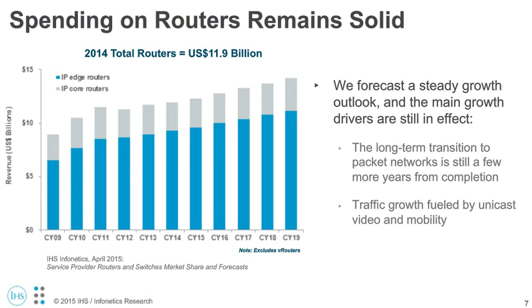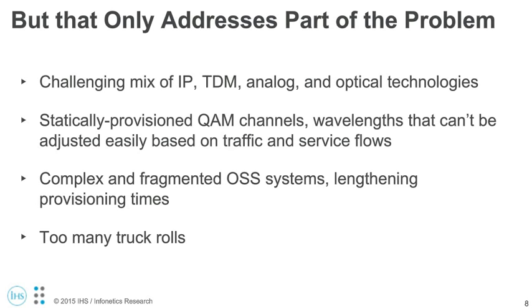And of course, though cable operators are a small part of the equipment revenue that we see here, the same high-level market dynamics that are driving the overall increased purchases of IP edge and IP core routers are also driving those same purchases for cable operators globally. And obviously, like their telco competitors, those purchases, whether it's in the access network or in the edge and core, are being made to facilitate that transition to all-packet networks.